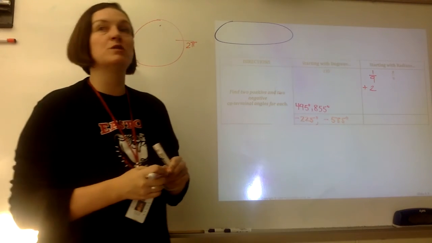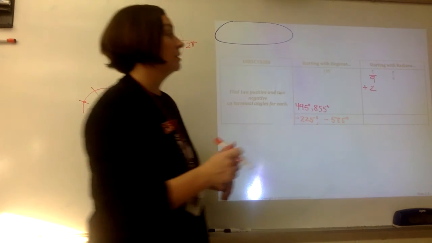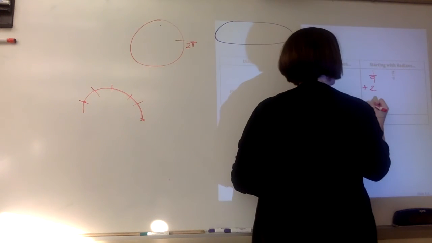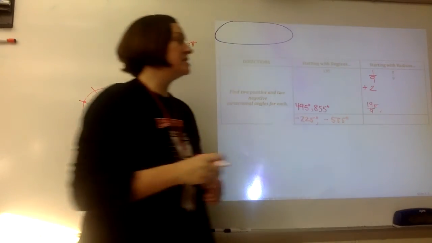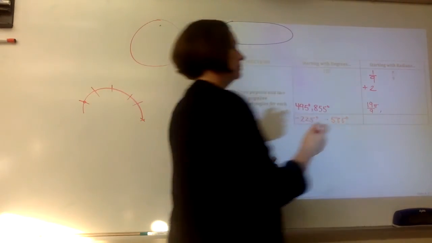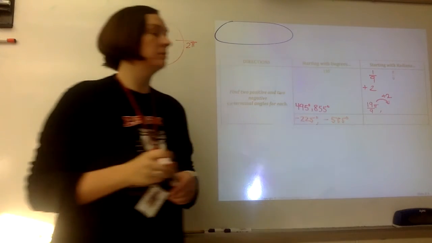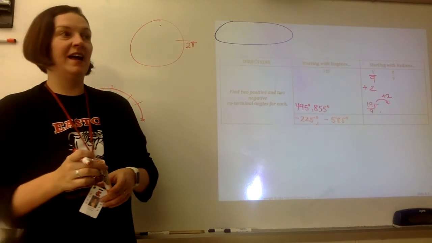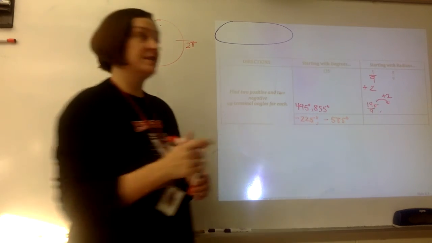What's 1/9 plus 2 as an improper fraction? Because we don't write that it is 2 1/9. What is it? 19 over 9. Don't forget your pi. What's 19 over 9 plus 2? 18 plus 19, 37.